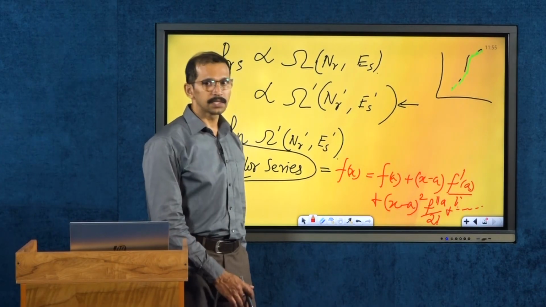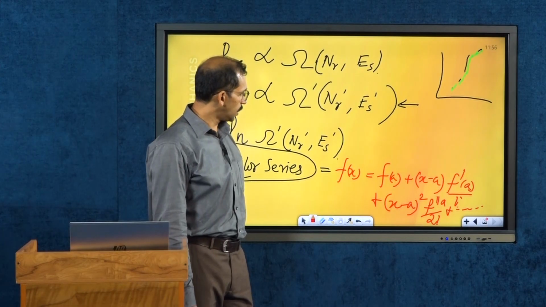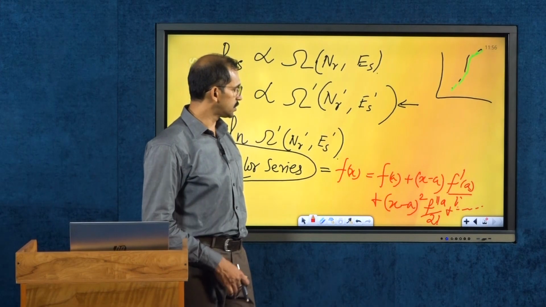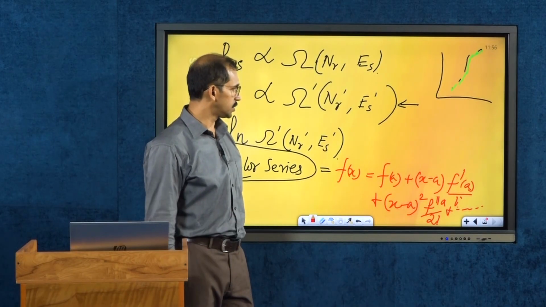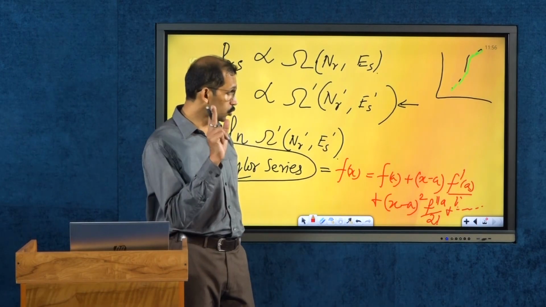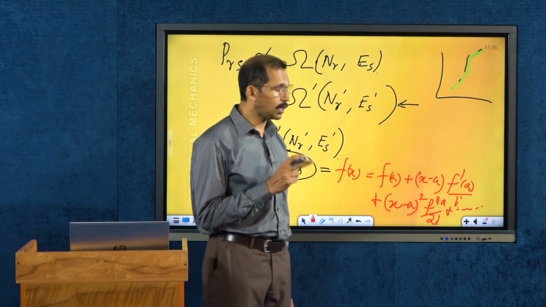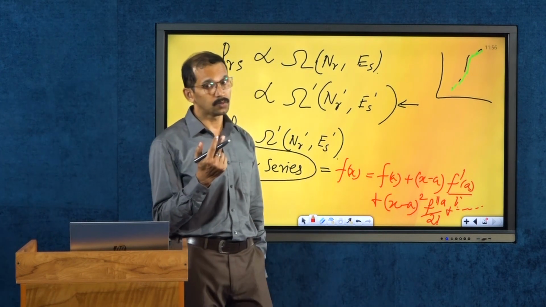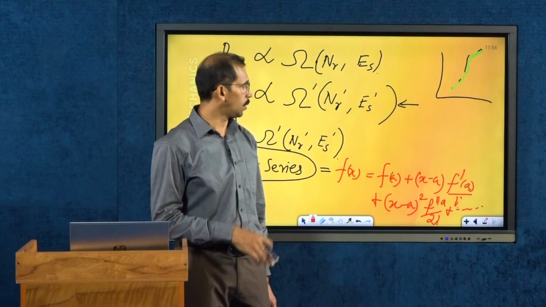While using this Taylor series, I have to tell you what x represents and what a represents. Here we have two parameters, unlike the case of canonical ensemble: one is the energy and another is the number of particles.